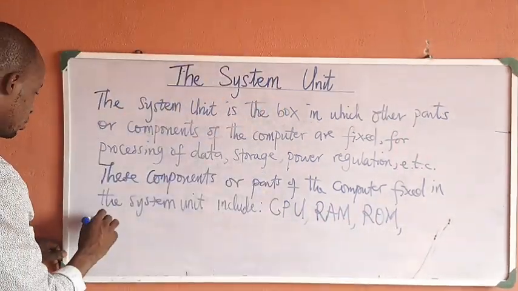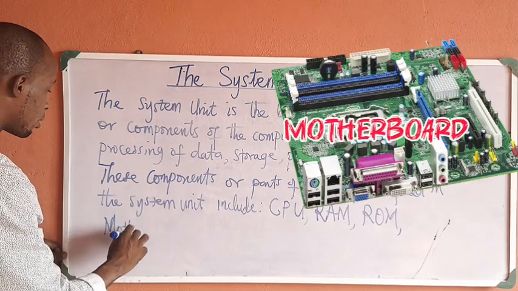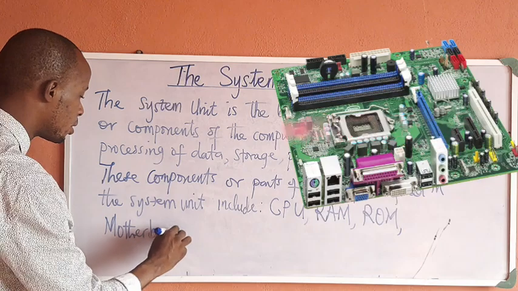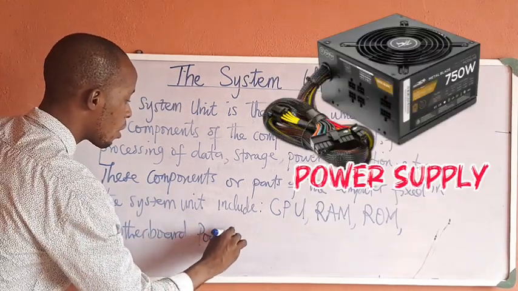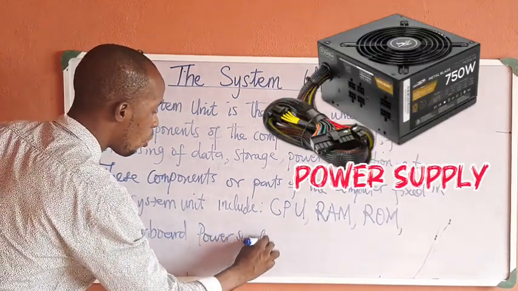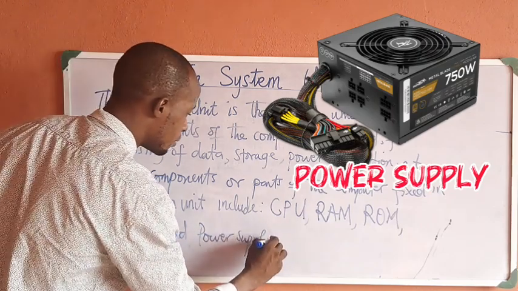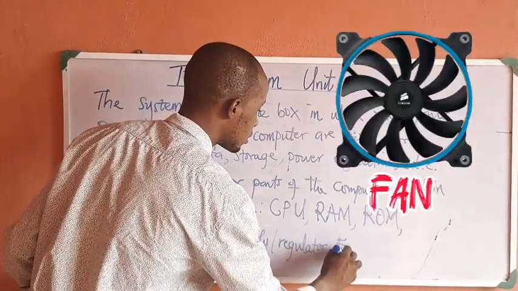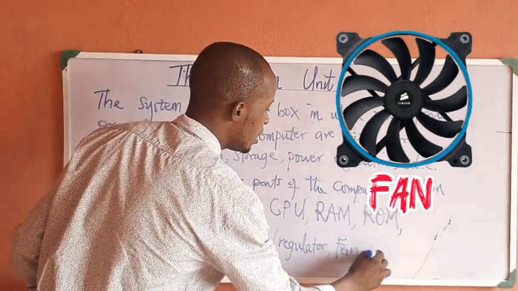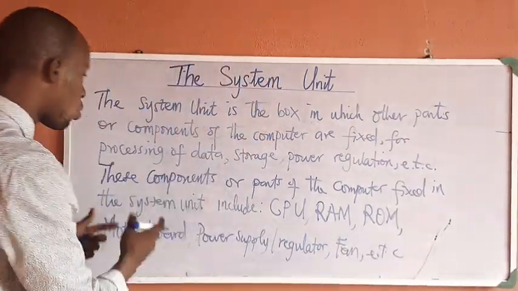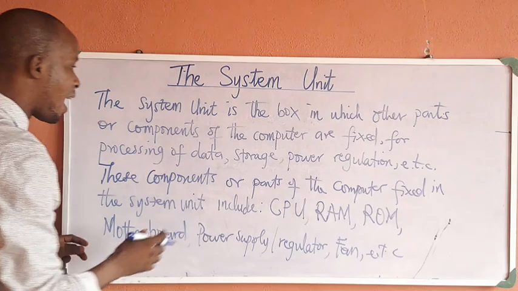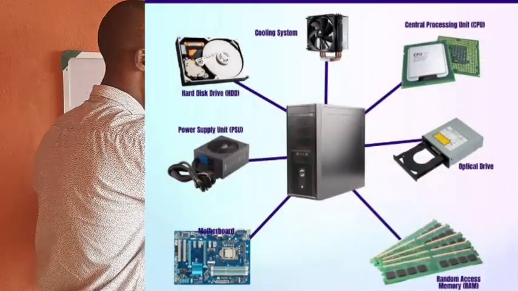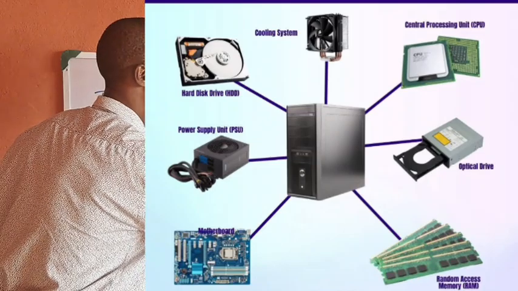We have the motherboard, the power supply or power regulator, the fan, etc. So all these components are fixed inside the box called the system unit, and they are fixed there to perform several functions.